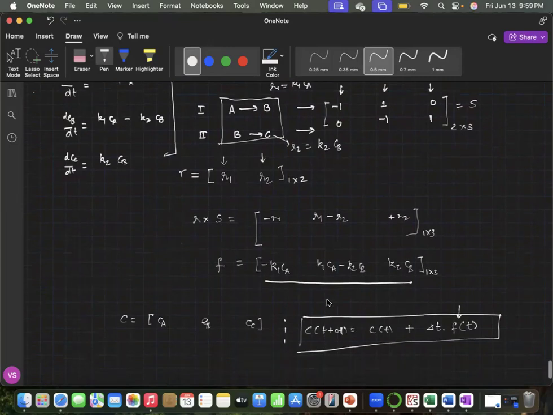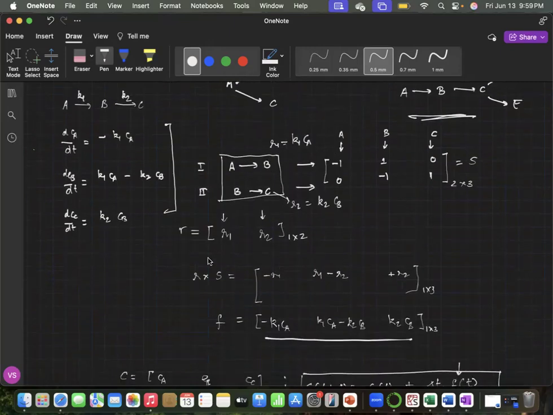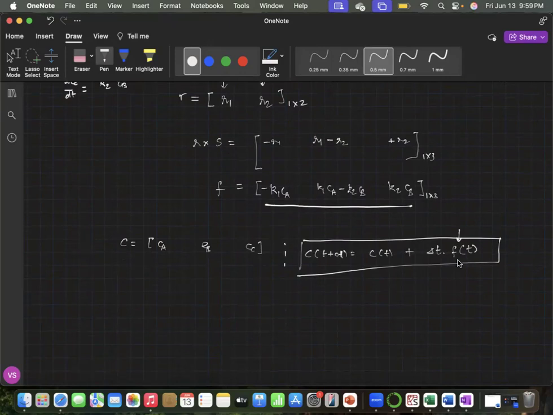So let's just try to do the same thing in Python. What you have to do is formulate the rate vectors in each iteration. You have to formulate the stoichiometric matrix just once, but the rate vectors have to be calculated at each iteration. You have to calculate this matrix multiplication, and finally evaluate F by that matrix multiplication, and then use that to calculate the concentrations at the next time point.